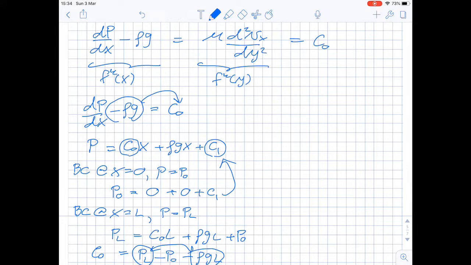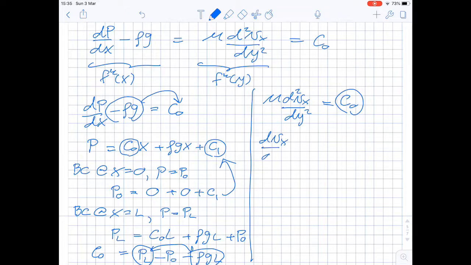So for the second half of the equation, you have mu d squared Vx by dy squared equal to C0, which is taken to be known. If you integrate it once, you get dVx by dy equal to C0 over mu, taking mu to the right hand side.